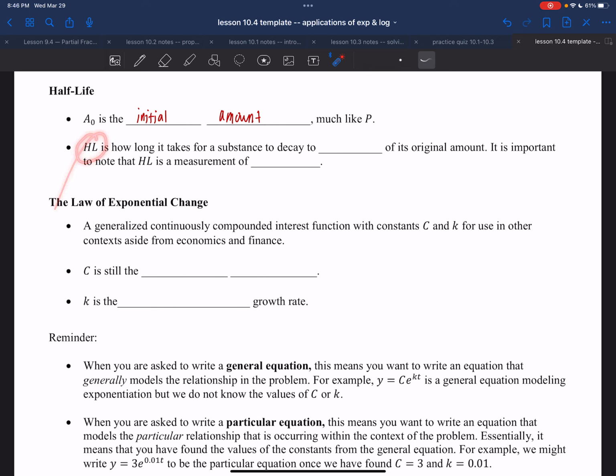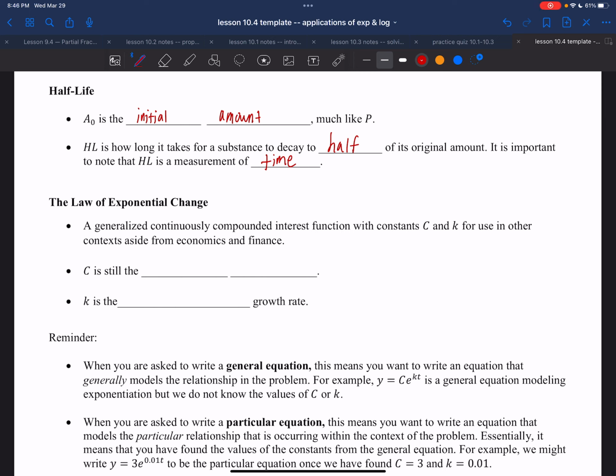Now, HL, as you could probably guess, stands for half-life. So HL is how long it takes for the substance to decay to half its original amount. And I want to say it's important to note that half-life is a measurement of time. Okay, so a half-life of an element or a substance or a compound, it's not a rate, it's a time, right?